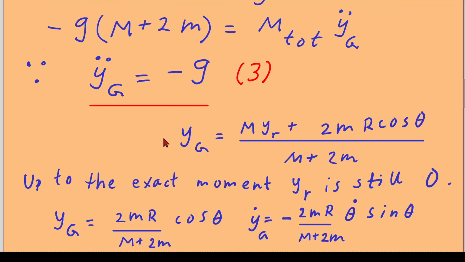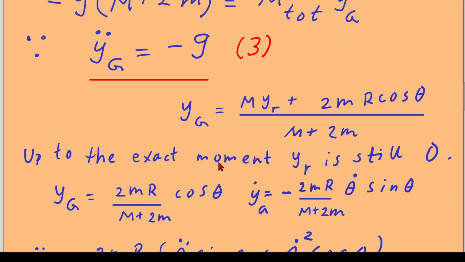So let's continue. What is the center of mass, really? By definition, it's the mass of the ring times the ring coordinate, plus the mass of a bead times its y value, which is r cos theta, but there are two masses, right, divided by the total mass.